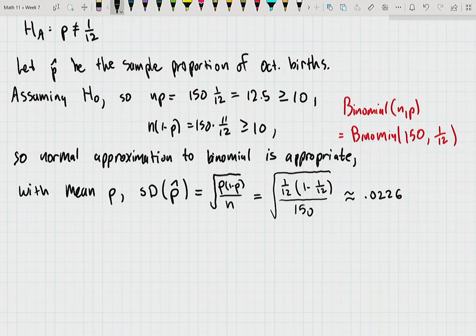Would we need to prove mathematically randomness and independence? No. Yeah, it's a fair question. In many of these, we're just going to assume. He was asking about independence and randomness, the conditions you, in general, should check. But it seems pretty reasonable in this question to assume independence and randomness, so we're just going to assume that.